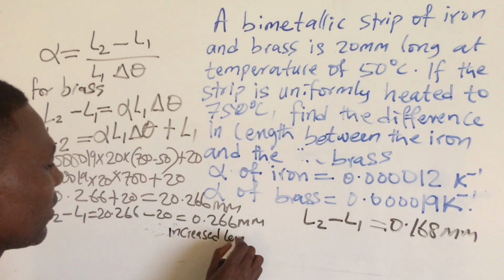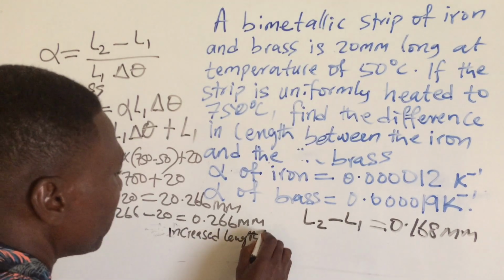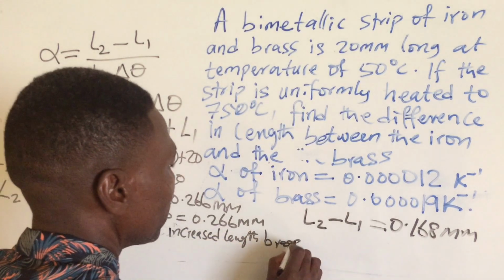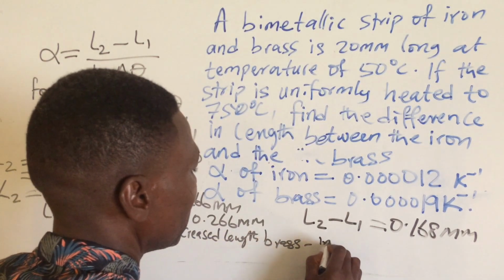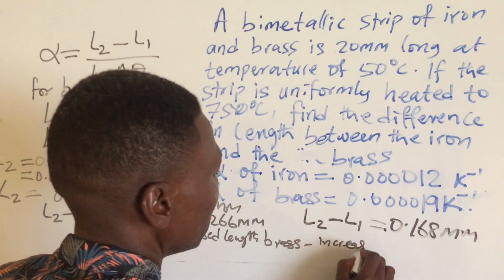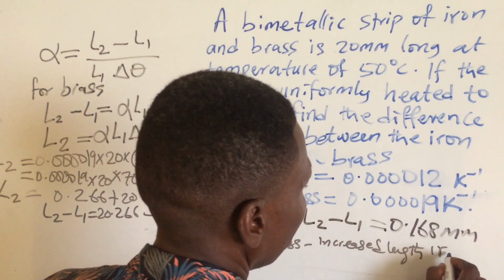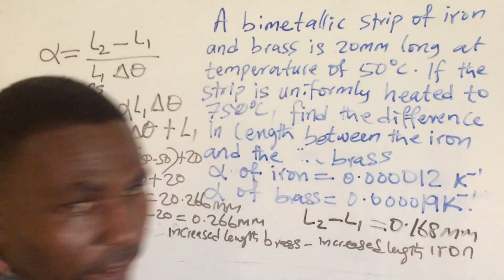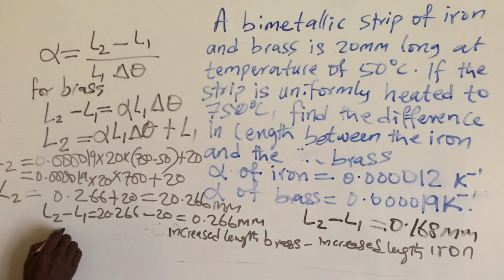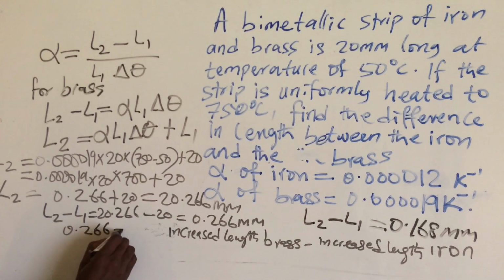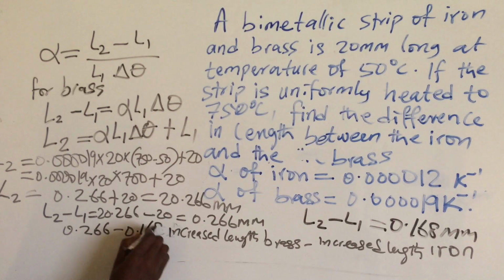Okay, now the difference is the increased length of brass minus the increased length of iron. Okay, which will now give us the increased length of brass, which is 0.266, minus the increased length of iron, which is 0.168.